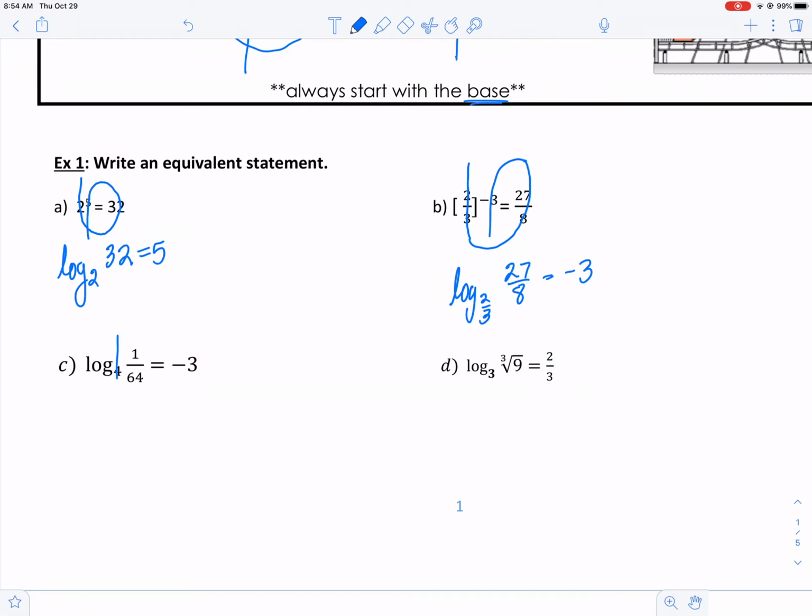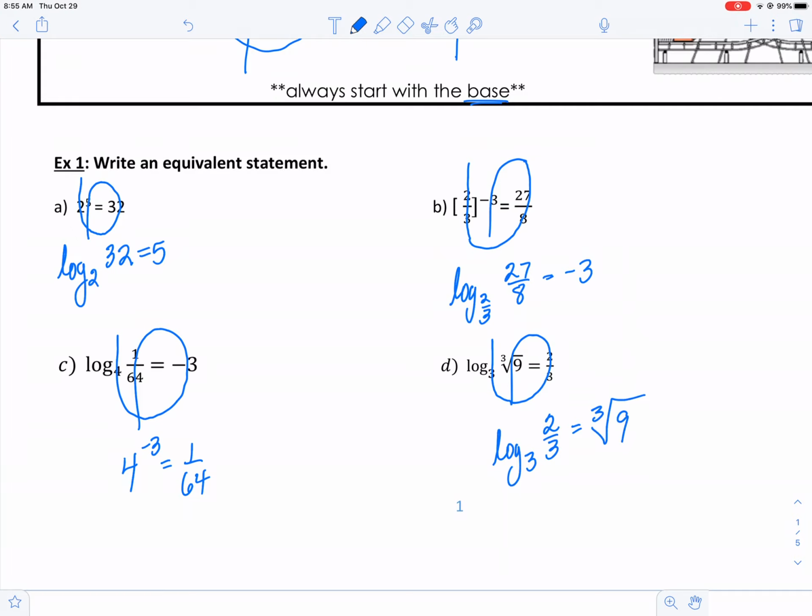So we'll say 4 to the -3 is 1/64. Do it again. Log base 3 of 2/3 is the cube root of 9.